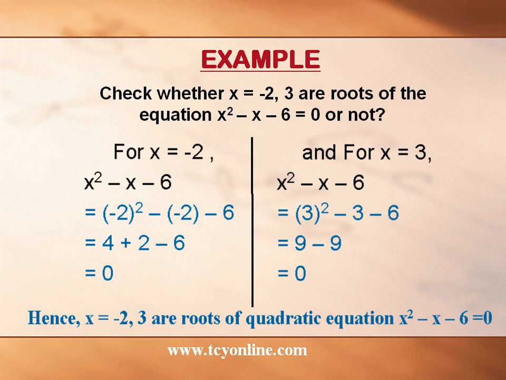That means left hand side equals right hand side. Similarly, x equals 3 will also give left hand side equals right hand side. So that means x equals negative 2 and 3 are roots of the quadratic equation x squared minus x minus 6 equals 0.